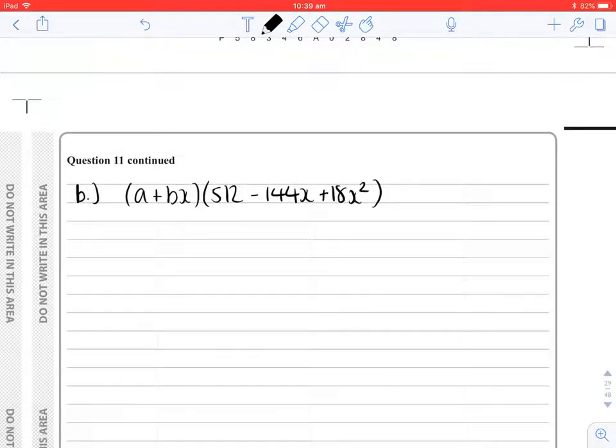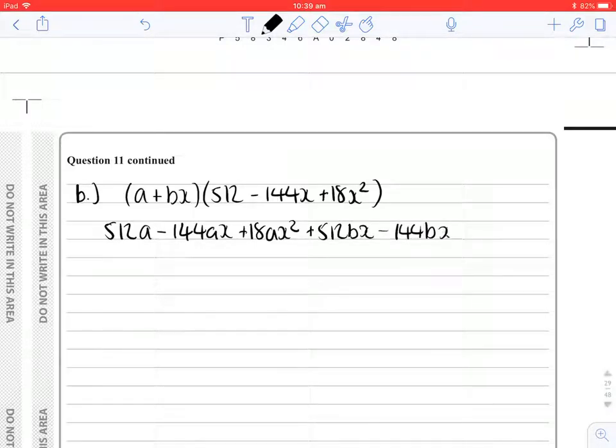By expanding this out, we're going to get 512a minus 144ax add 18ax squared add 512bx minus 144bx squared add 18bx cubed.